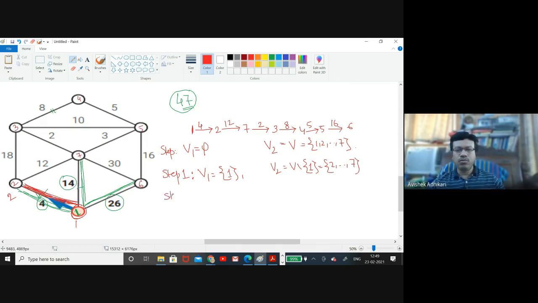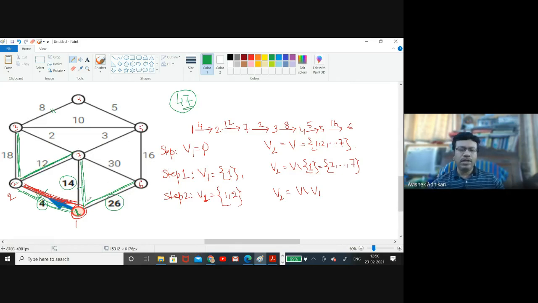So in step 2, what do you have? Now within V1, you have one more extra: 1 and then 2 is already inserted. Then V2 is V minus V1. Now you look at all the edges that you can move through these two vertices. From 2, you can go to vertex 3 or vertex 7.